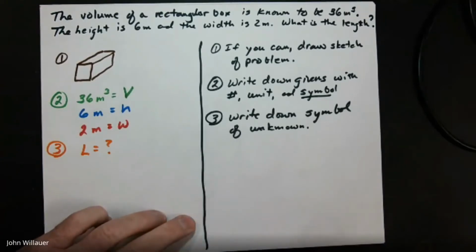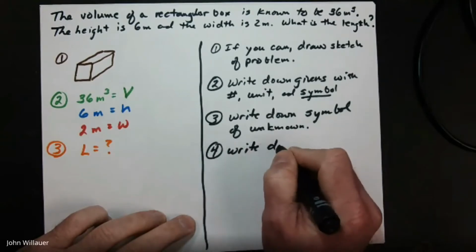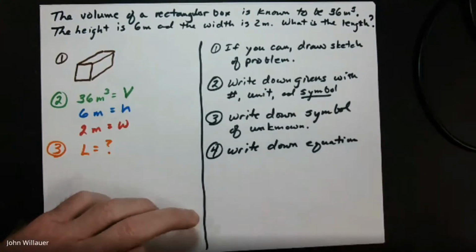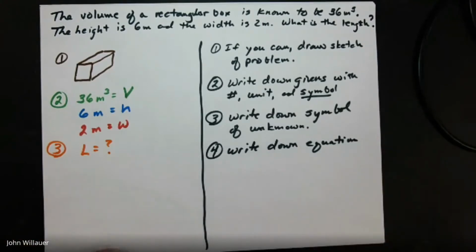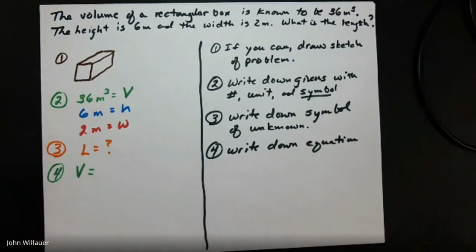Our fourth thing is we want to write down our equation. Write down your equation. Okay? What equation are you using here? And again, I picked something here that I think everybody is familiar with. At least I hope so. Maybe you're not, and that's okay. But to figure out the volume of a regular box type thing, the equation for that would simply be volume equals length times width times height.